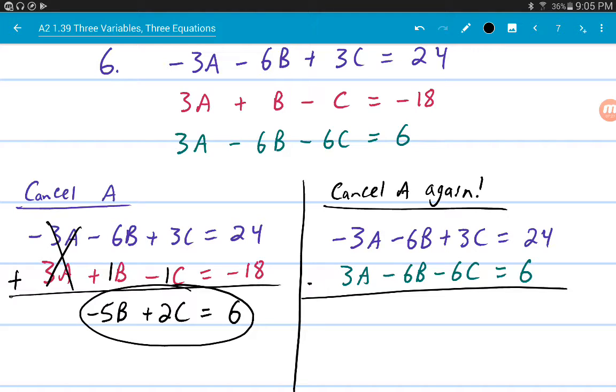I have the wonderful option of adding again to cancel these out because they have opposite signs. Negative 3a plus 3a, gone. Negative 6b plus negative 6b is going to be negative 12b. 3c plus negative 6c is negative 3c. And 24 plus 6 is 30.